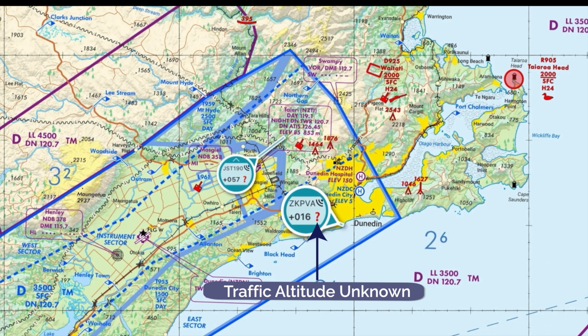If your device doesn't have access to a current QNH value, such as when it hasn't connected to the internet recently, the traffic altitude may be based on pressure altitude rather than a precise GPS-derived altitude. In such cases, you'll see a question mark next to the traffic's altitude.